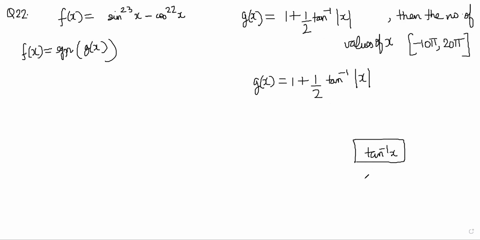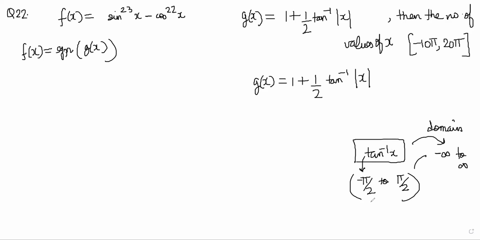The domain of this is minus pi by 2 to pi by 2, right? And range is minus infinity to infinity. Actually, I'm wrong, I think. The range is minus pi by 2 to pi by 2, and the domain is minus infinity to infinity. This is domain and this is range.